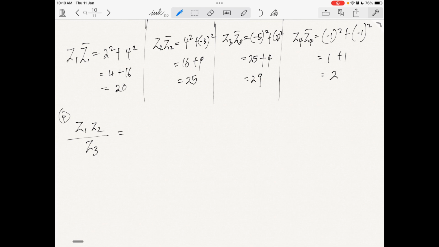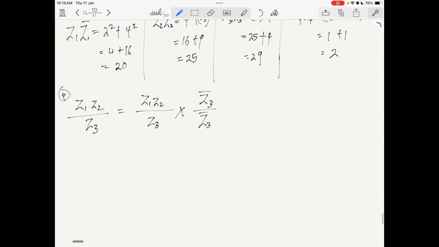Now z1 z2 divided by z3. Obviously the rule still stands. We are going to multiply the numerator and the denominator by the conjugate of the denominator, and since the denominator is z3, the conjugate is z3 bar. So we multiply the numerator by z3 bar and we multiply the denominator by z3 bar.